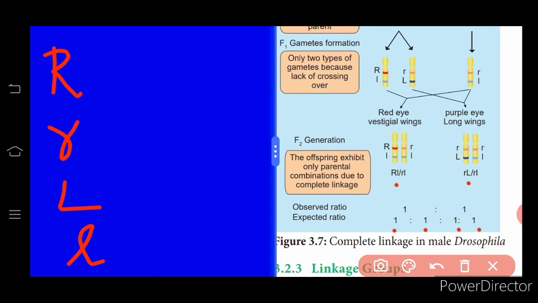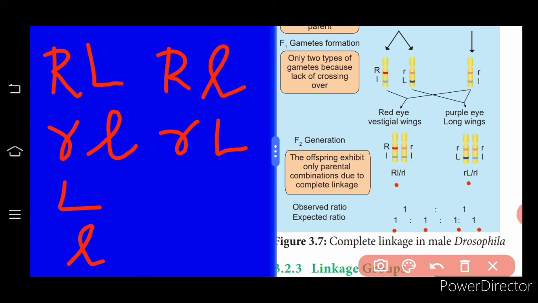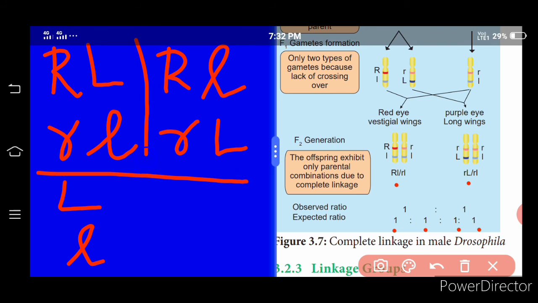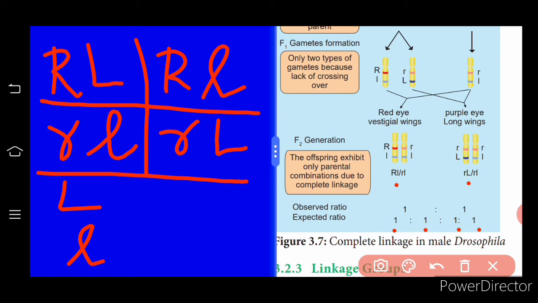These four things can occur: capital R may go with capital L or small l, and small r may go with small l or capital L. These were the four combinations expected to occur, but the appeared combinations were only these, and the other things were not appearing.